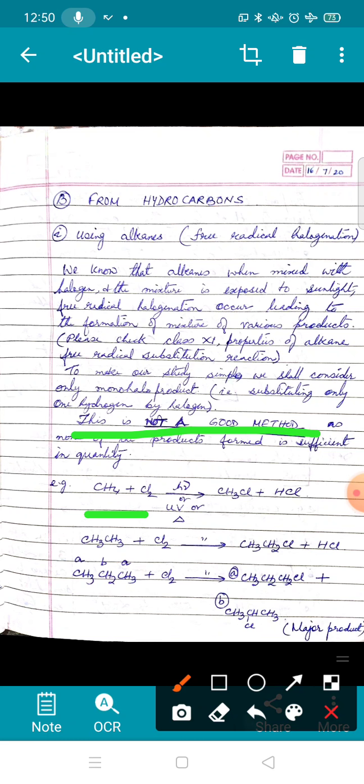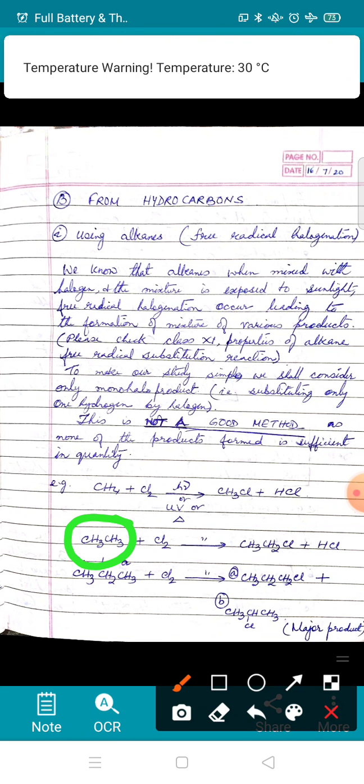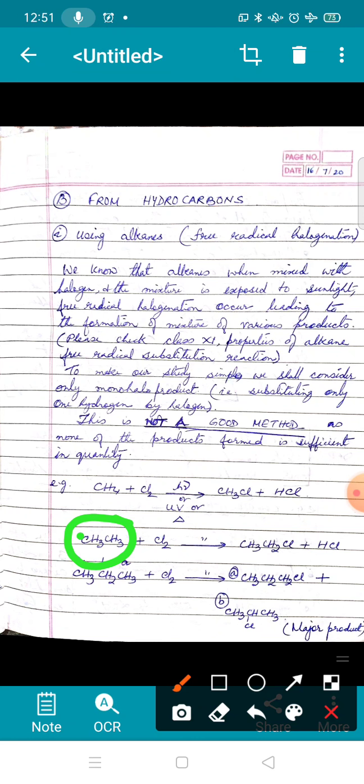Now when we have similar hydrogens or similar carbons, by similar carbons what we mean, you look here we had only one carbon, so no question. When we have ethane, in ethane also we have similar carbon. You see this carbon, there are 3 hydrogens attached to it.